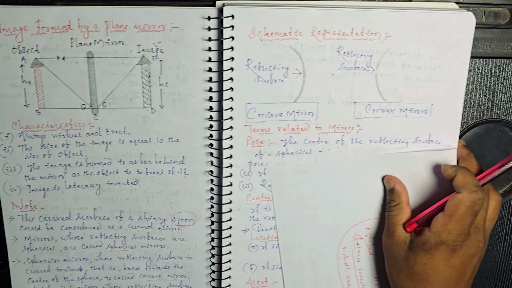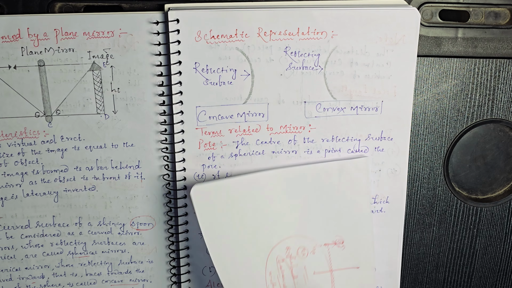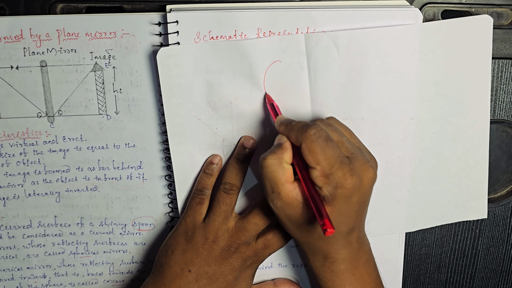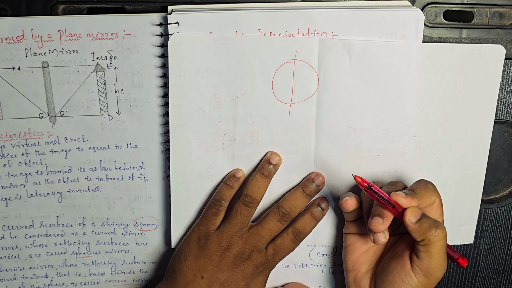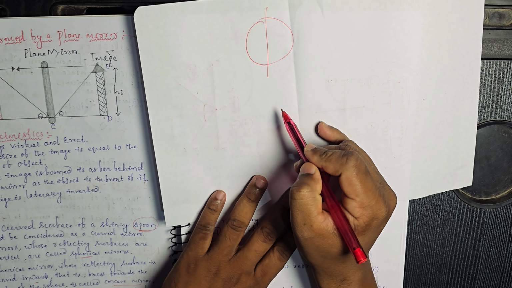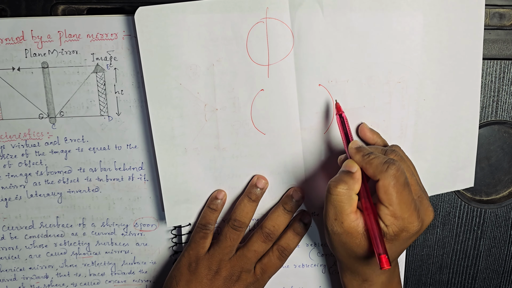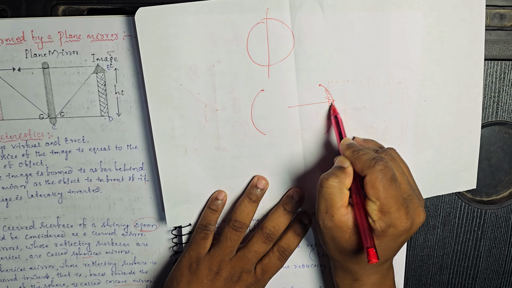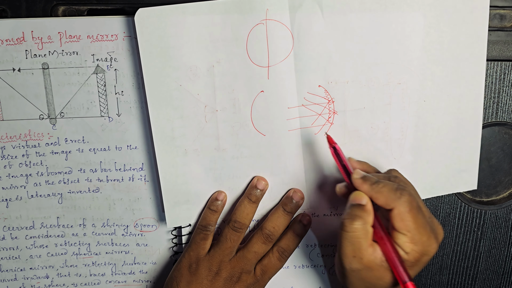Now let me tell you what concave and convex mirrors are. This is one schematic representation of concave and convex, but I will explain in detail. Listen carefully. Let's say this is a sphere, clear? And I want to break it down, and two pieces come out, one like this and one like this.